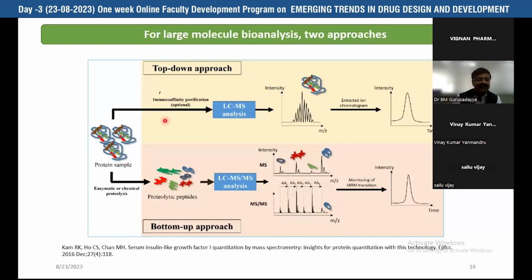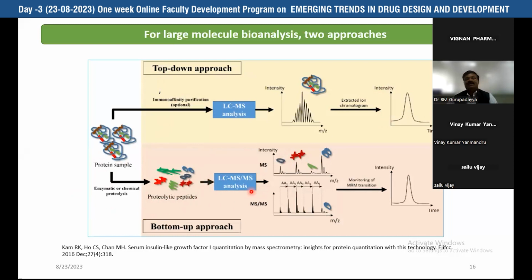And whereas in the case of the bottom-up approach, the protein sample is digested by using chemical proteolysis or by using enzymatic proteolysis, where the samples get converted into peptides, that is called proteolytic peptides, and then later it can be subjected into LCMS.